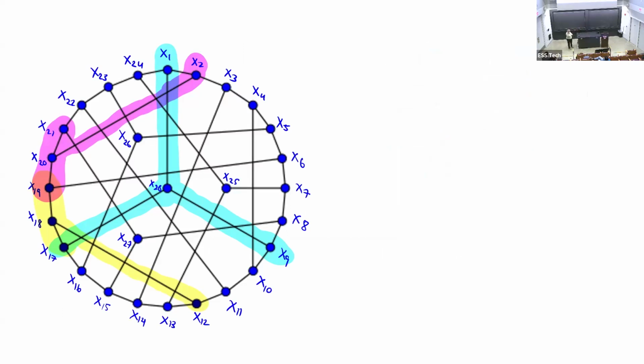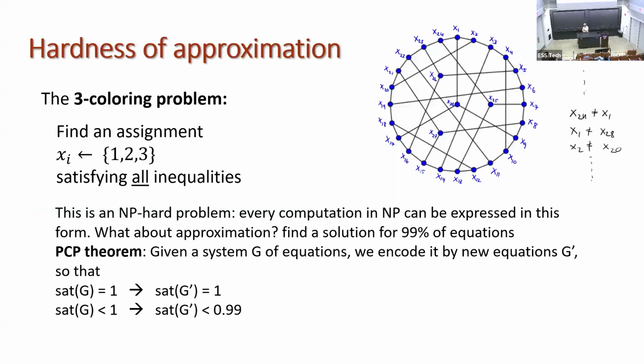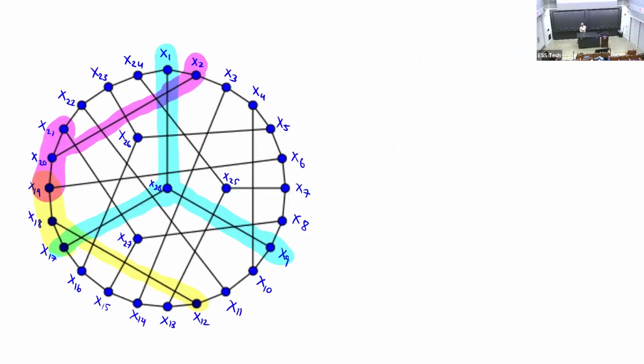Okay, I feel maybe I lied about the error correcting code being very technical, because this maybe was also technical. So, let me try to tell you something about how to prove this theorem, basically how to transform a system of equations into something that is even hard to approximate, but I'll only give a very, very high level.